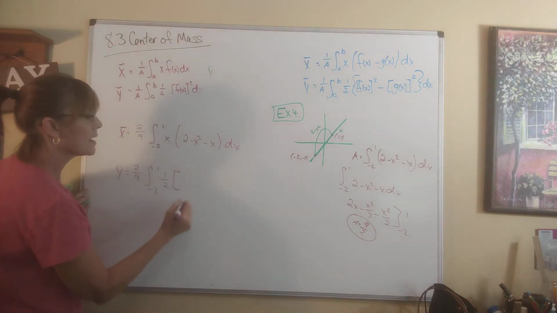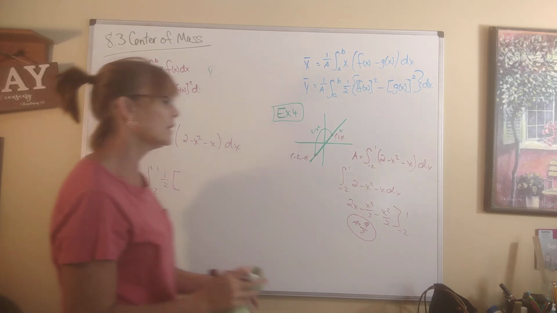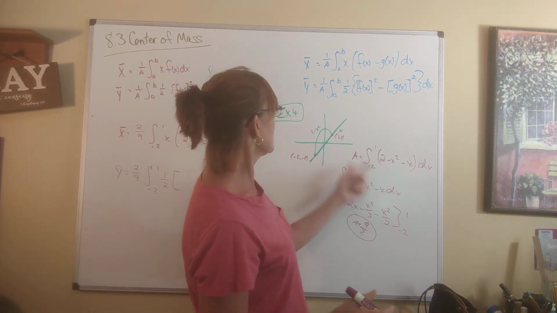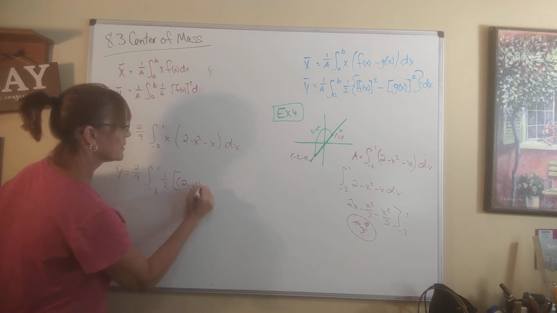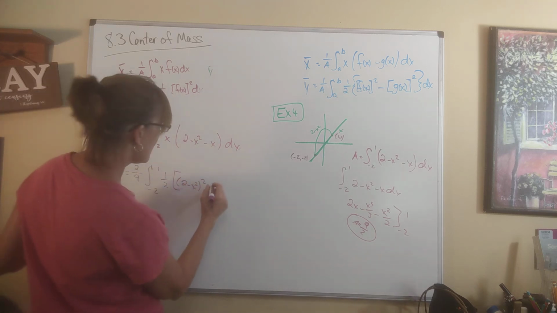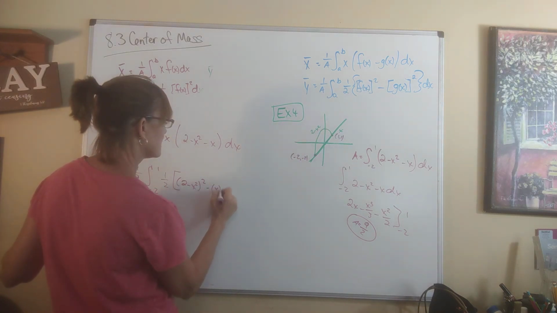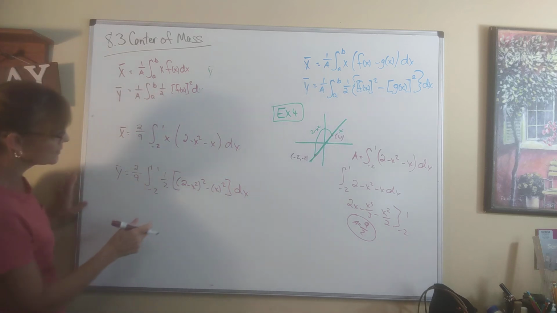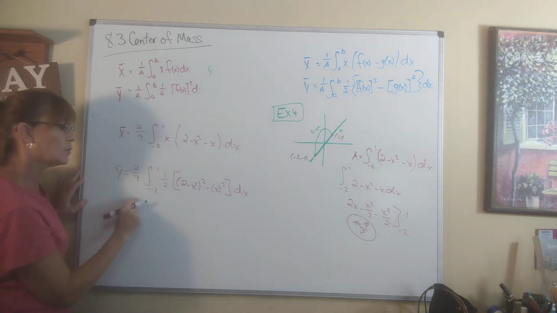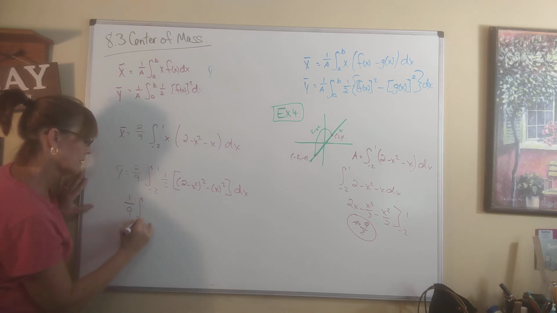And then this is going to become f of x squared, where f of x is 2 minus x squared, so this will be 2 minus x squared, minus g of x squared, minus x squared dx. Okay, let's integrate this one. I'm going to push the 1/2 out over here. So 2 over 9 times 1 over 2, the 2's will cancel, and I have 1 over 9 out here.